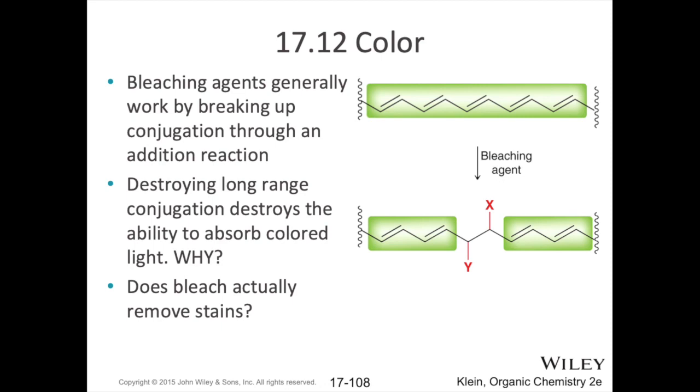So bleaching doesn't actually get rid of those. It just makes them invisible. This, by the way, is why if you spill mustard on your shirt and you clean it off, but then you go to a rave and under the black light you see that stain still there, as I'm sure you all have at some point. That's where that comes from.